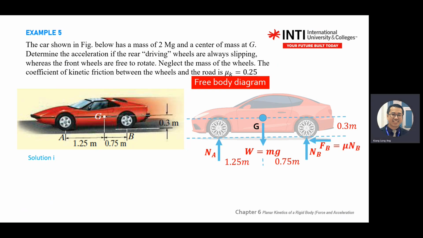Then contact force. So why does the front wheel not have a friction force? It's because the question tells you it's free to rotate, so no friction force. Do you need to separate the tires?